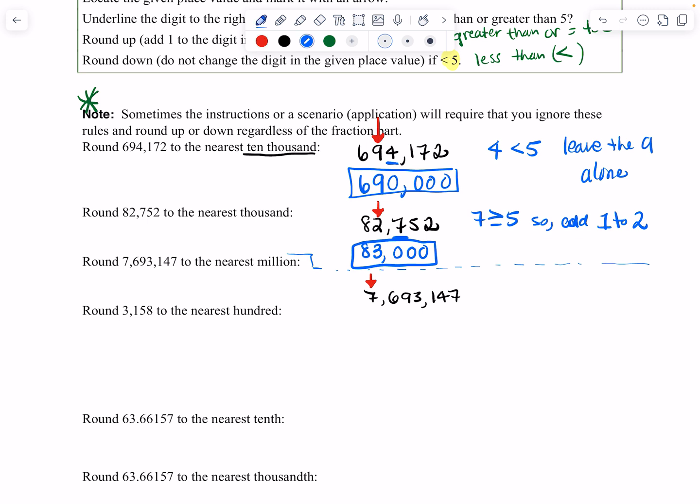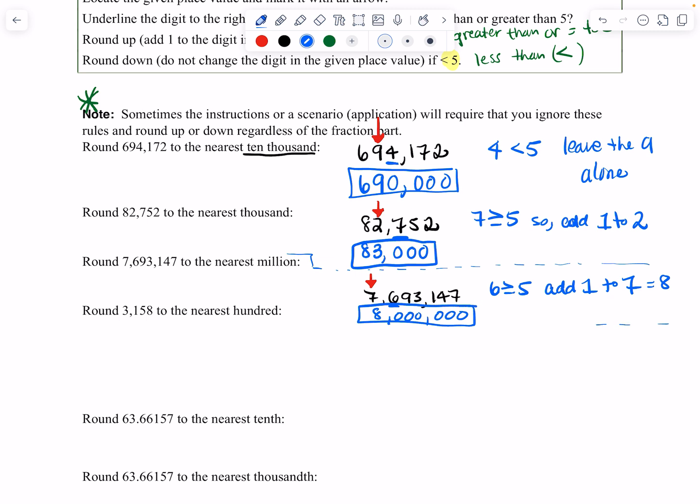And I look behind it and I have a 6. 6 is greater than or equal to 5. So I'm going to add 1 to the 7 that's in the millions position. And if I add 1 to 7, I get 8. So this becomes 8 million. Notice I'm putting the zeros in as placeholders after that value.